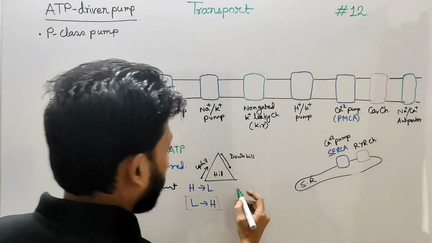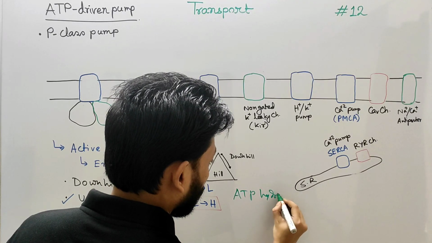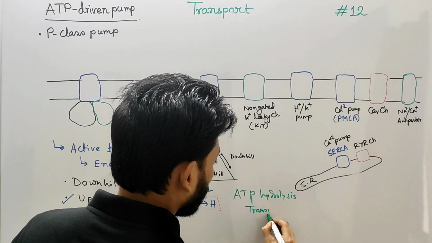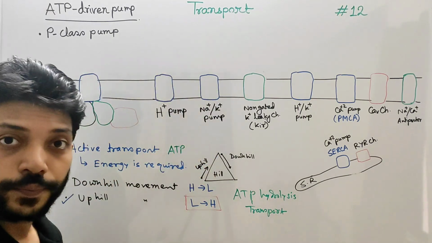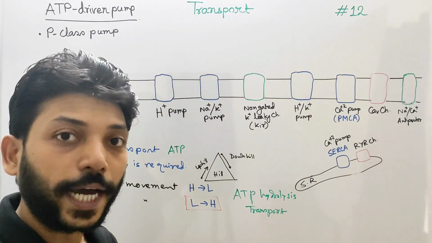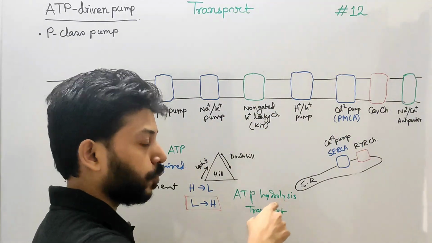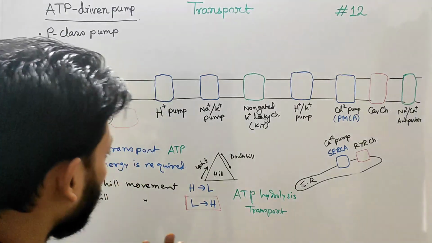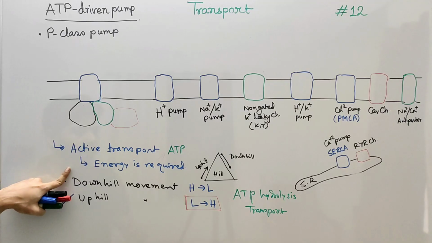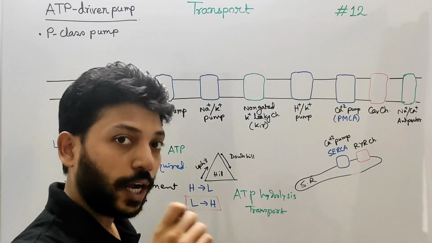ATP hydrolysis and the transport of ions are coupled. So only when transport of ions occurs will the ATP be hydrolyzed. When there is no transport through this pump, there will be no ATP hydrolysis. So, active transport occurs, energy is required, ATP hydrolysis occurs, and these two things, ATP hydrolysis and transport, are coupled.